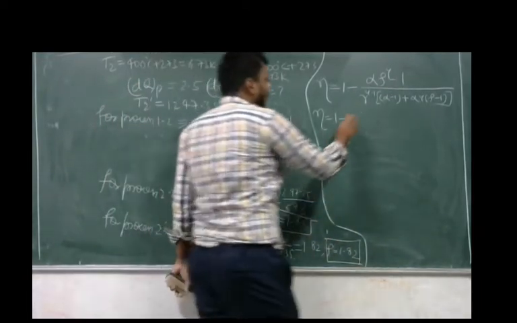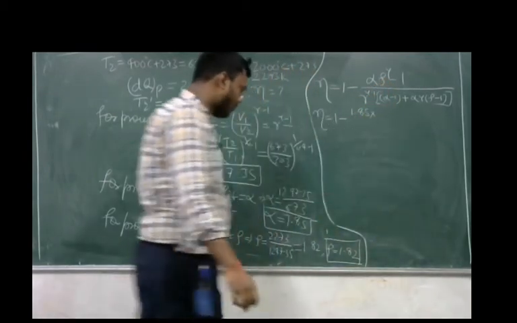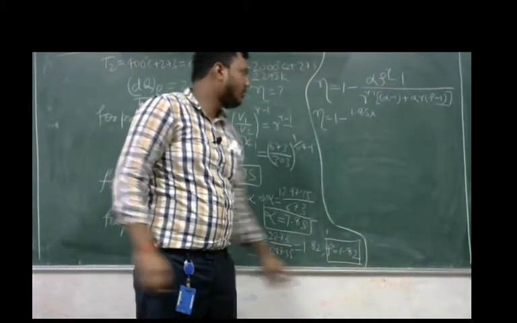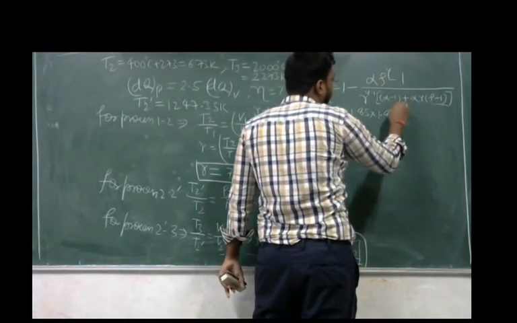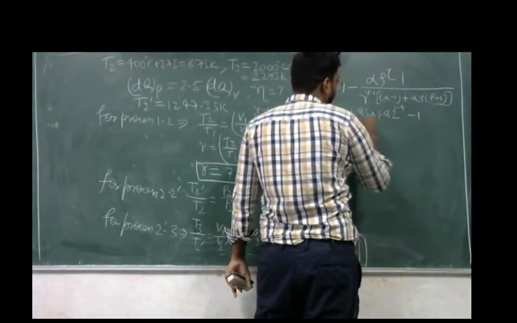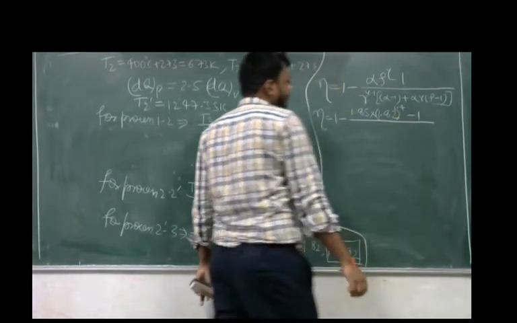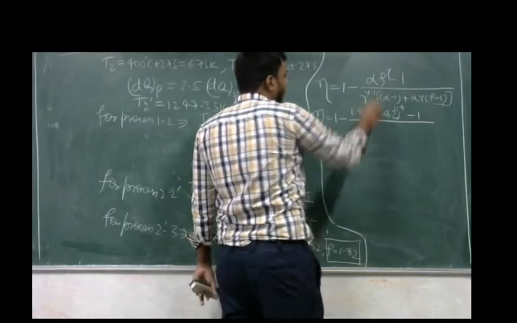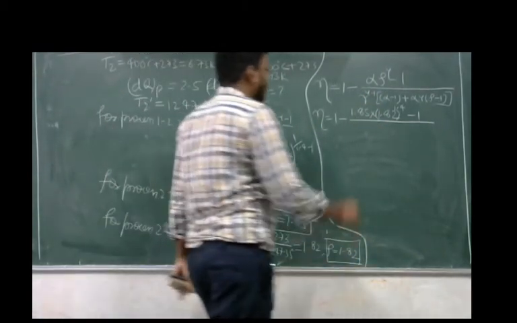Put here 1.85 into rho. What is the value of rho? 1.82, to the power gamma, that is 1.4, minus 1, divided by r to the power gamma minus 1. What is the value of r? r is 7.35.